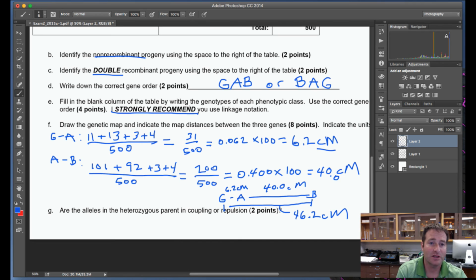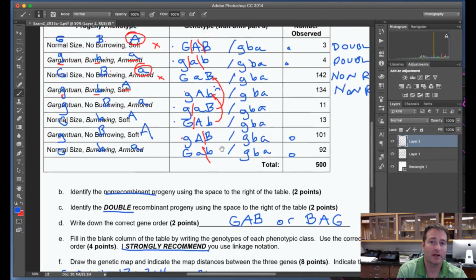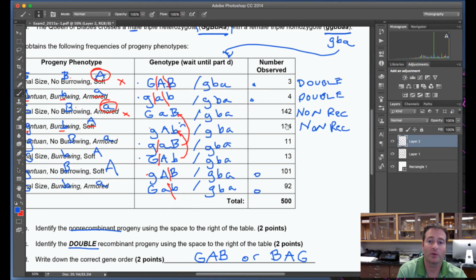So what you need to do is go up and look at the non-recombinants. The non-recombinants, right here, are like the parents. Look at the mixture of alleles we have in the non-recombinants: big G, little a, big B, little g, big A, little b. That mixture indicates repulsion.